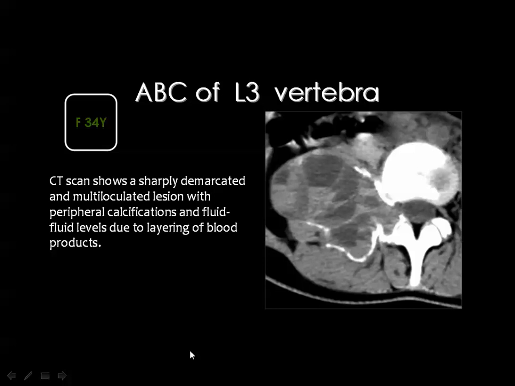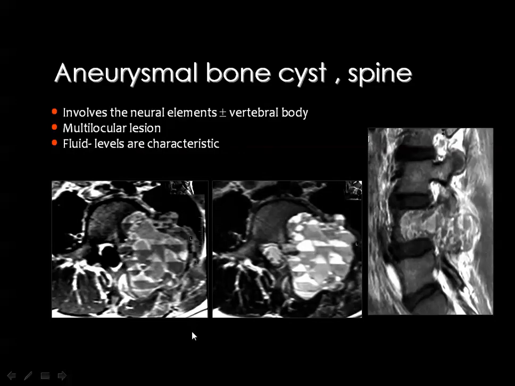Aneurysmal bone cyst is one of the lesions seen in the spine, and it usually affects the neural elements, and if it is large, it may go into the vertebral body. This is an expanding lesion, as you can see, and by CT you can appreciate the fluid levels, but MRI is better in this particular domain.